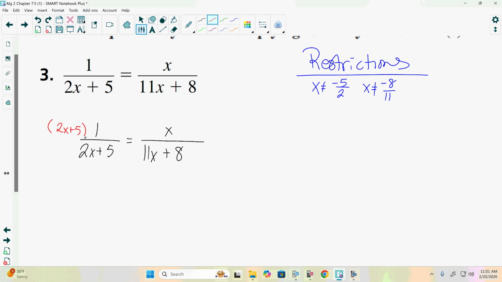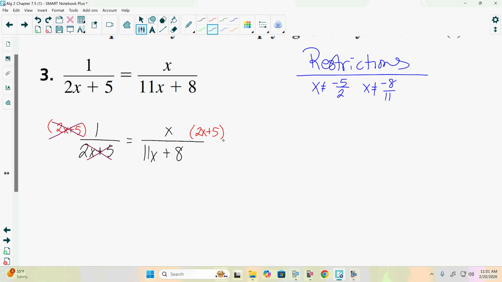Because its denominator is 2x plus 5, yes? So if I multiply that left-hand side by 2x plus 5, we'd have 2x plus 5 on top and 2x plus 5 on bottom, which means that they would cancel. But if we do it to one side, we've got to do it to the other.